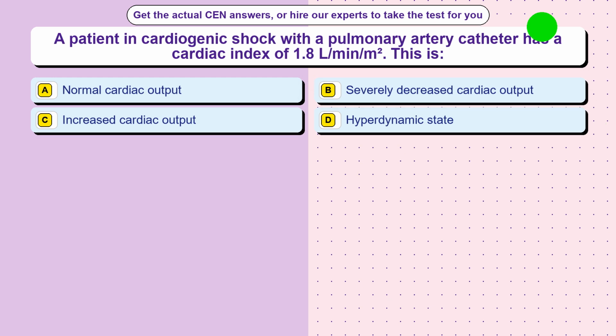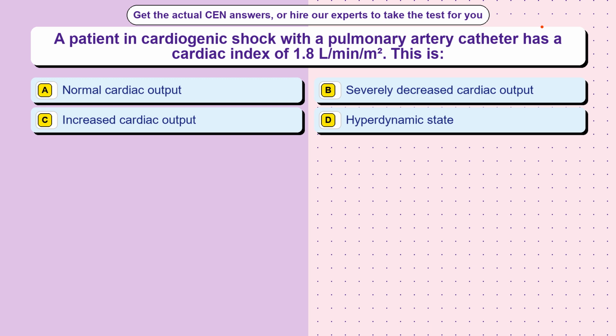Question 79. A patient in cardiogenic shock with a pulmonary artery catheter has a cardiac index of 1.8 L/min/m². This is Option A, normal cardiac output. Option B, severely decreased cardiac output. Option C, increased cardiac output.